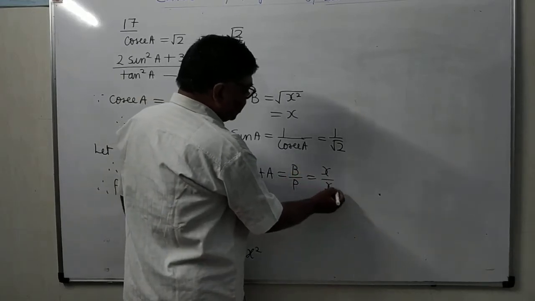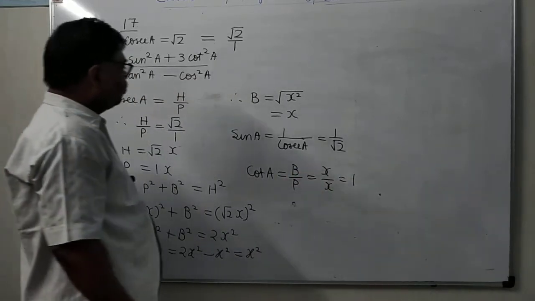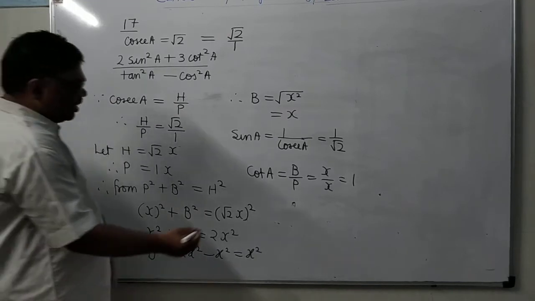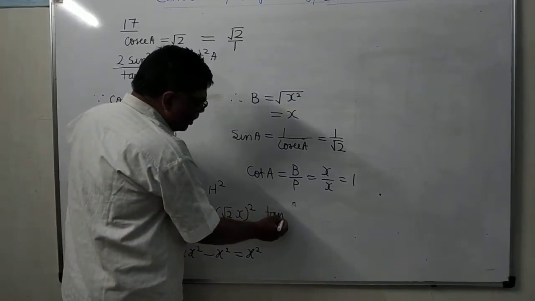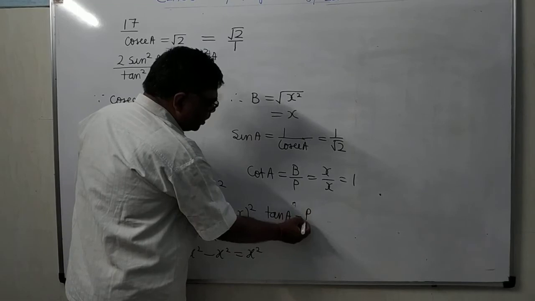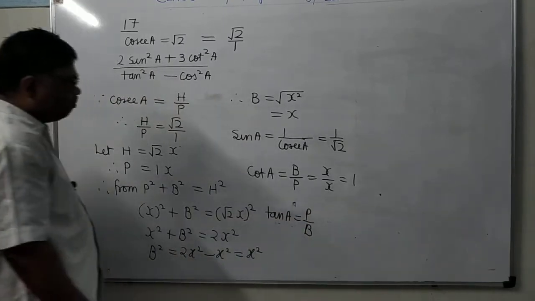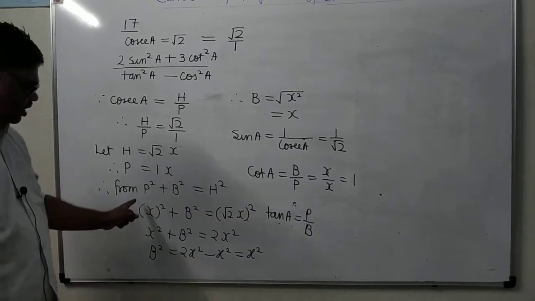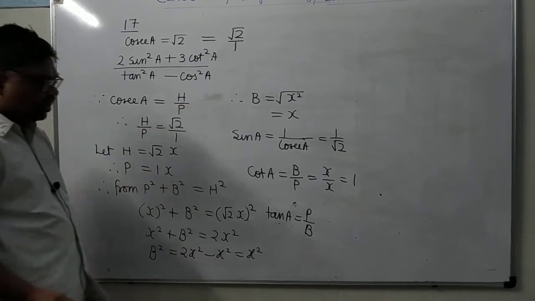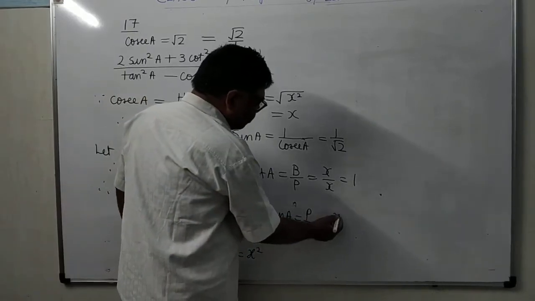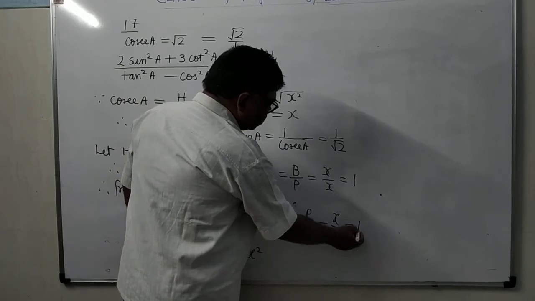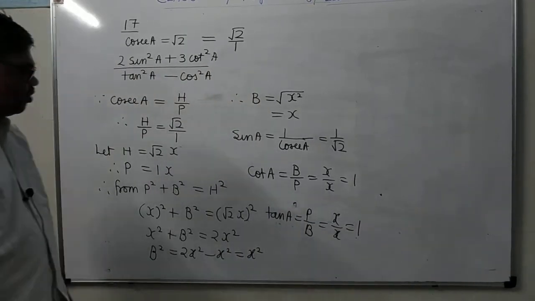So x upon x will be equal to 1. Then tan A equals P upon B. Once again P is 1x and B is x, so that is x upon x, which also equals 1.